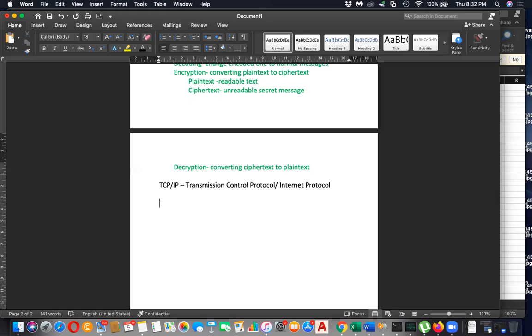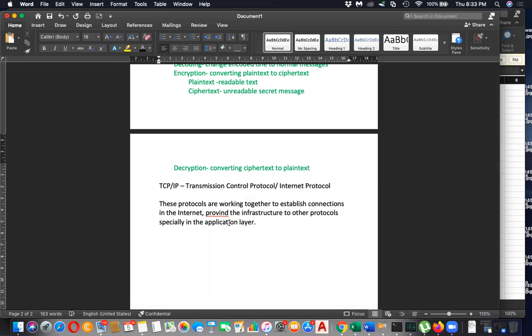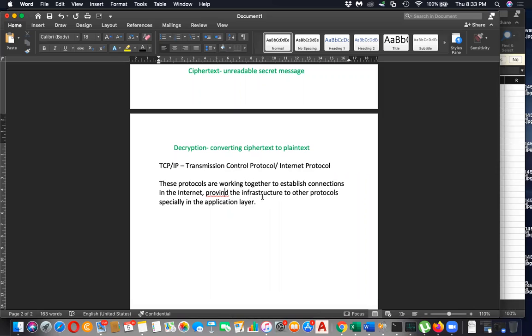So this Transmission Control Protocol and IP are working together to establish connections in the internet, providing the infrastructure to other protocols, especially in the application layer.